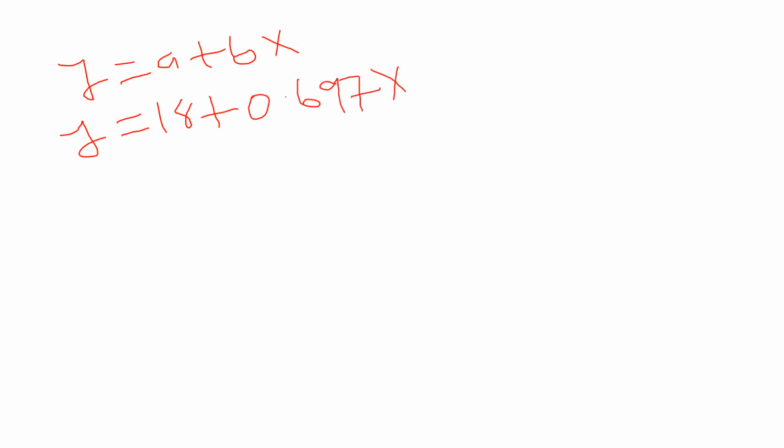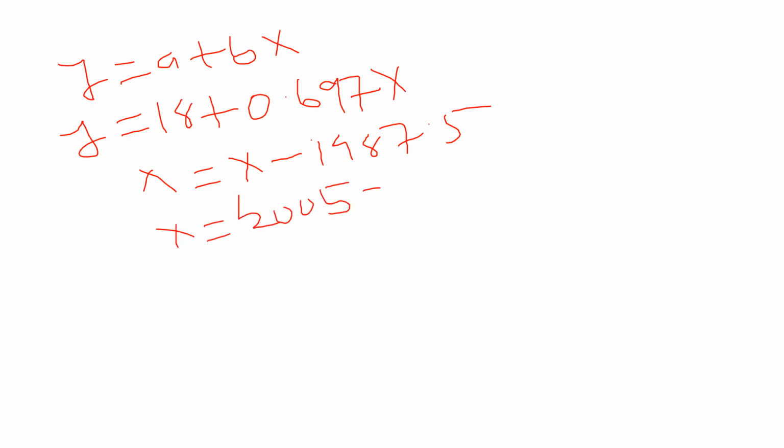So now to get the value of x, we know that x is given by year minus 1987.5, so our new x will be given by 2005 minus 1987.5, and this gives x approximately 17.5 years.